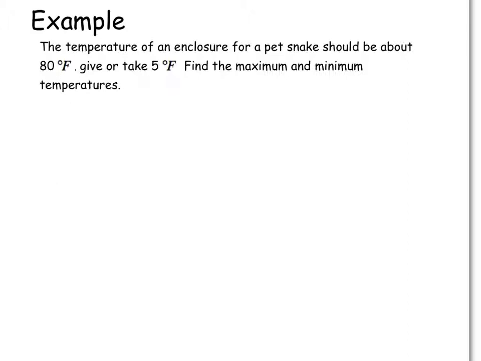Okay, this says the temperature of an enclosure for a pet snake should be about 80 degrees Fahrenheit, give or take about 5 degrees Fahrenheit. Find the maximum and minimum temperatures. Well, let's think about that on a number line. Here we have a number line at 80 degrees, and it says give or take 5 degrees.